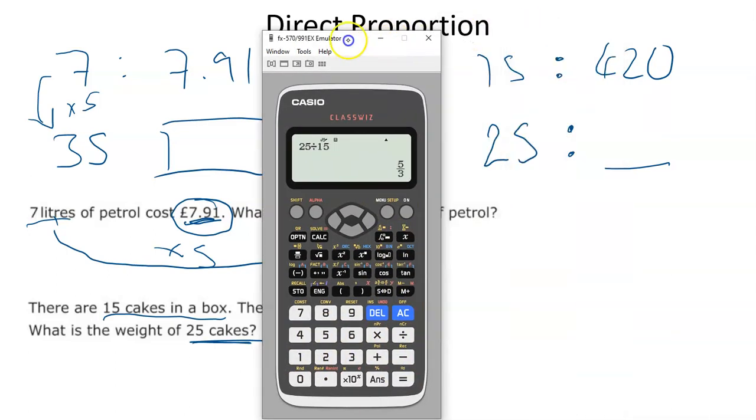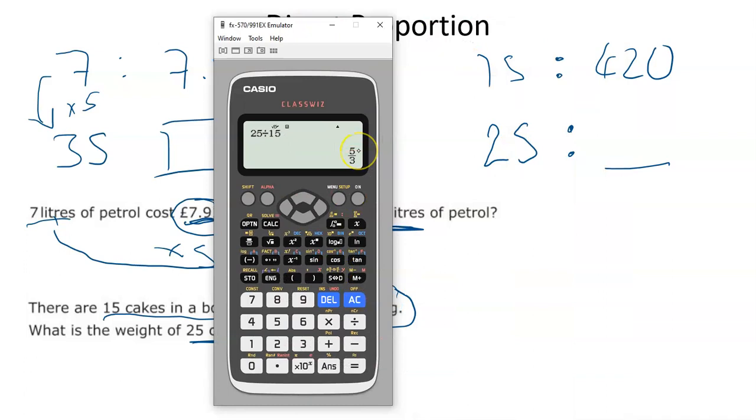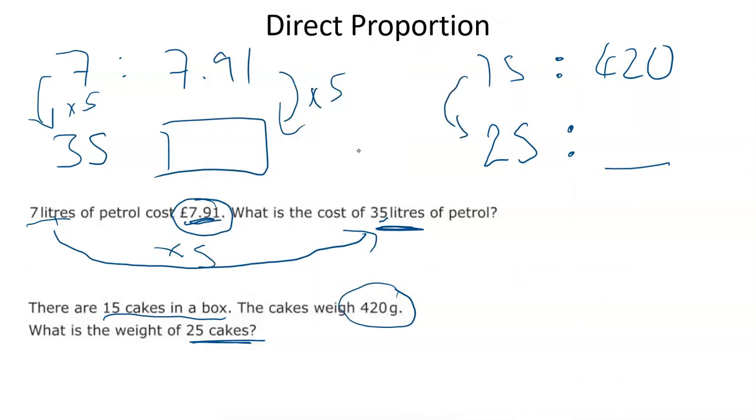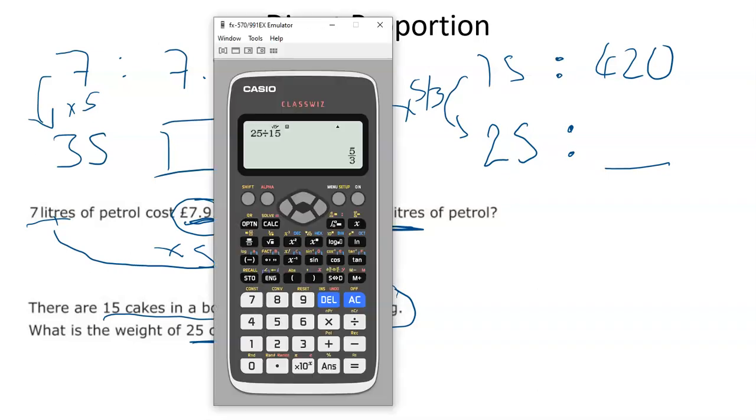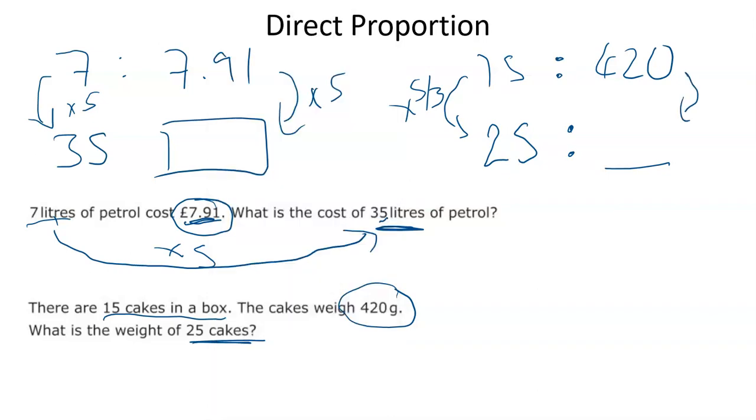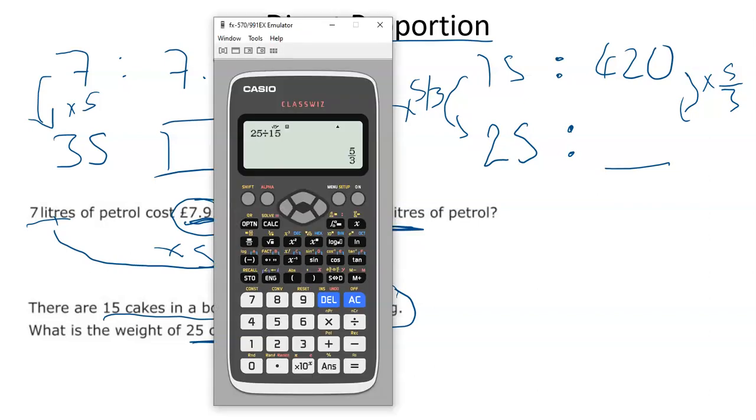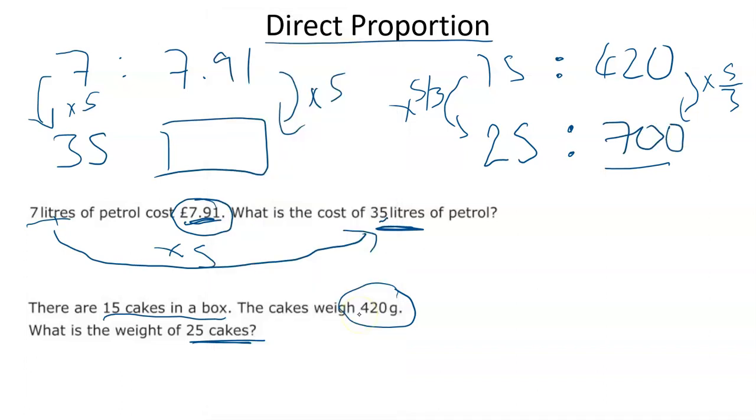If you do the divide backwards, it's 5/3. So times by 5/3. And we're going to do the same to the other side. We're going to times this by 5/3 as well. Just like here, as long as you times both sides by the same amount, it will stay in direct proportion. So times by 420, and the answer is 700 grams.